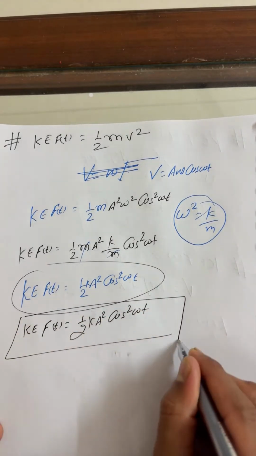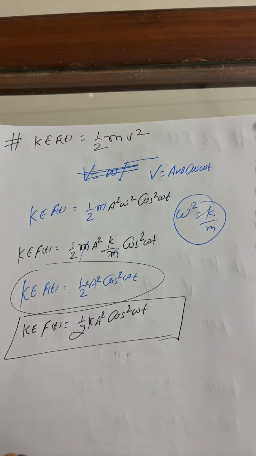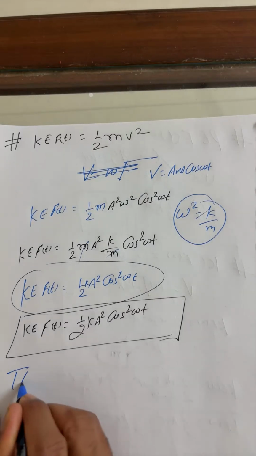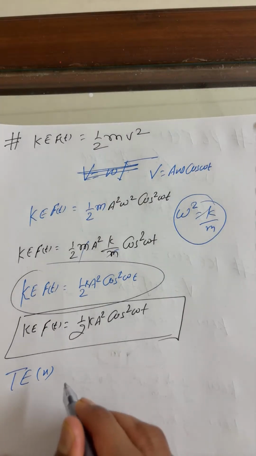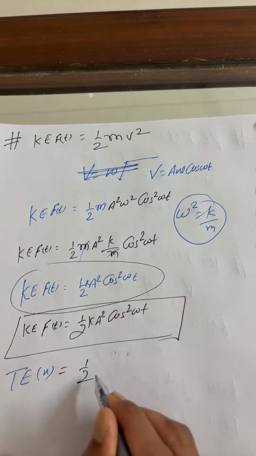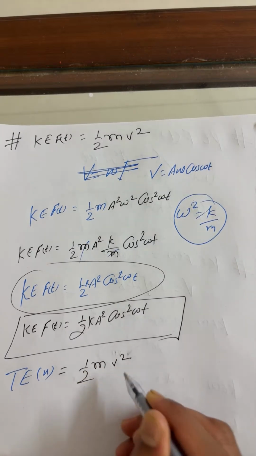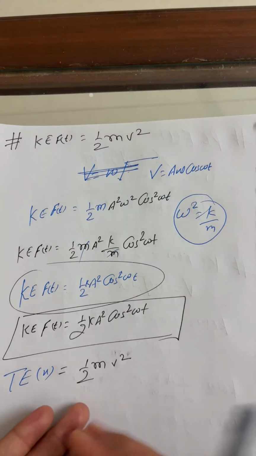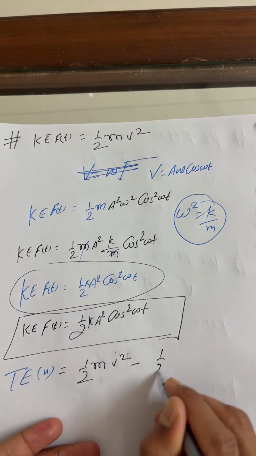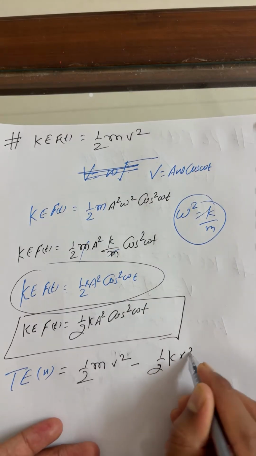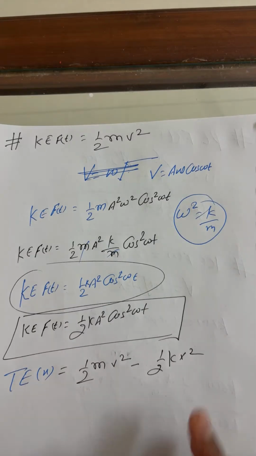Now, students, I'm going to write the expression of total energy as a function of x, the total energy or mechanical energy. Total energy as a function of x, you can write half m v squared, the kinetic energy as a function of x only, plus half k x squared.